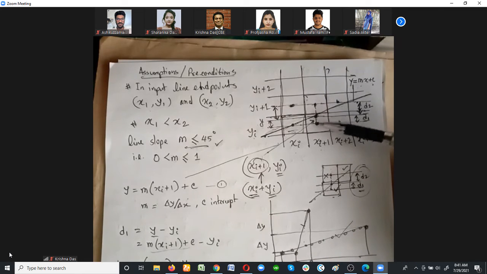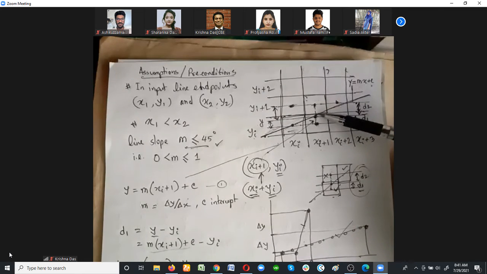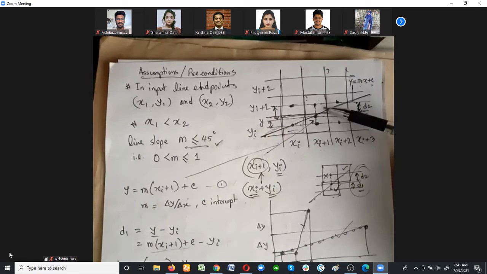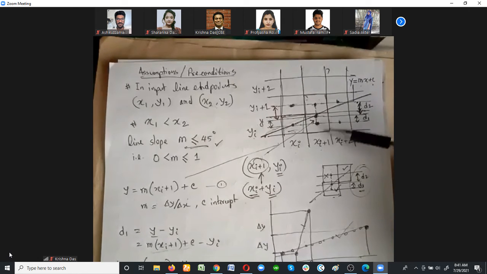For that, from the line, we need the distances of these two pixels: how far the lower pixel and how far the upper pixel. If we identify and compare them, then from that comparison we can make a logic on the basis of which pixel should be considered.